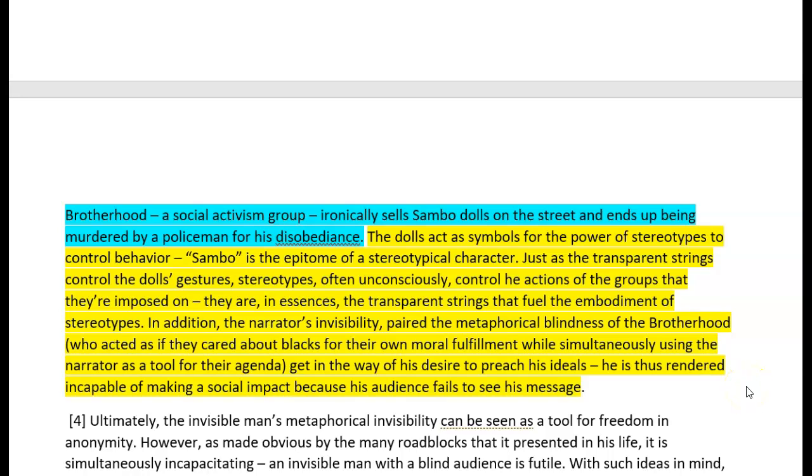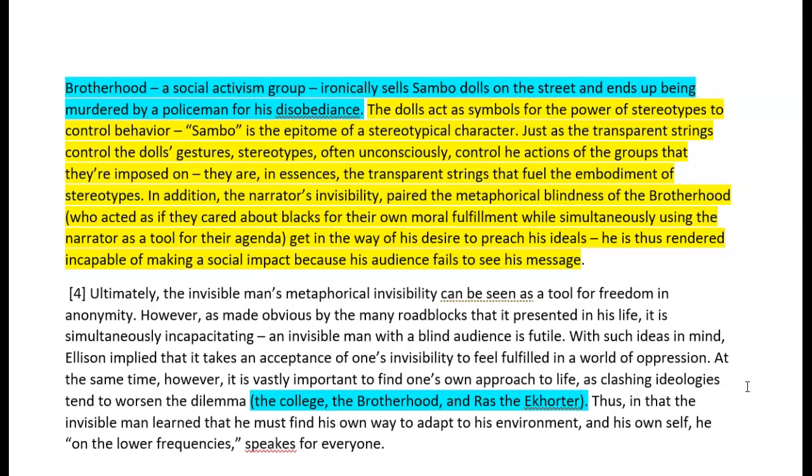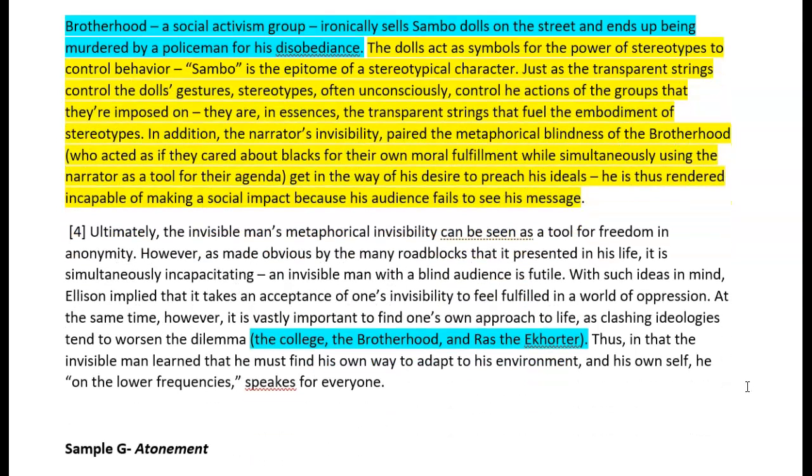When you get down to the paragraph here, you can see this yellow. It talks about the Sambo dolls, and then it goes directly into interpretation. They act as symbols of power, of stereotypes to control behavior. Sambo's the epitome of a stereotypical character. Just the level of analysis is beautiful. And then at the bottom it says, he is thus rendered incapable of making a social impact because the audience fails to see his message.